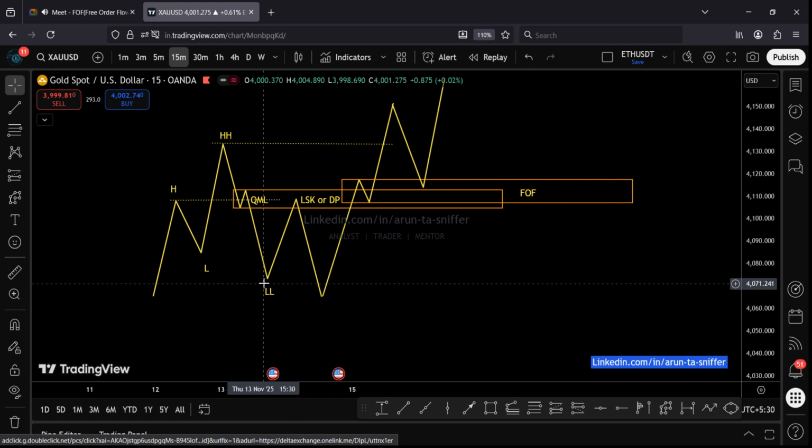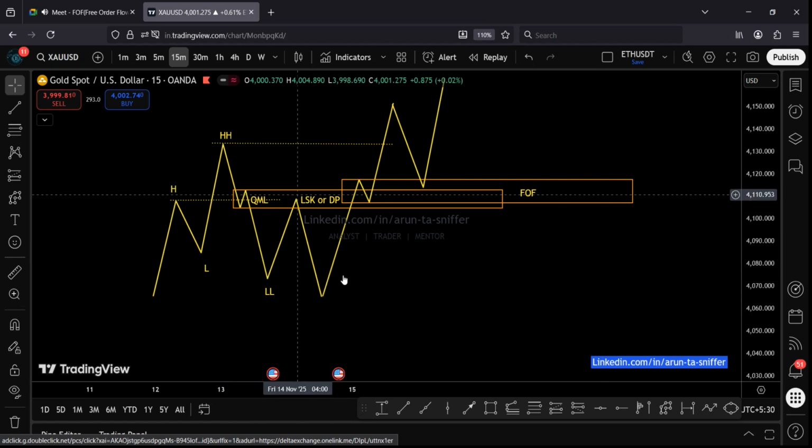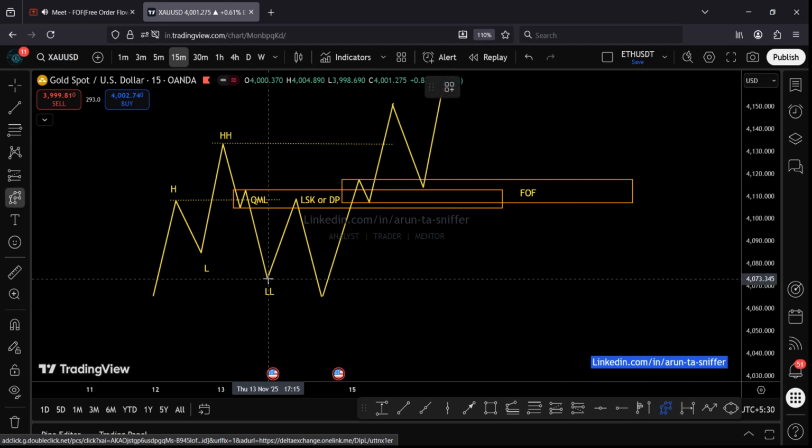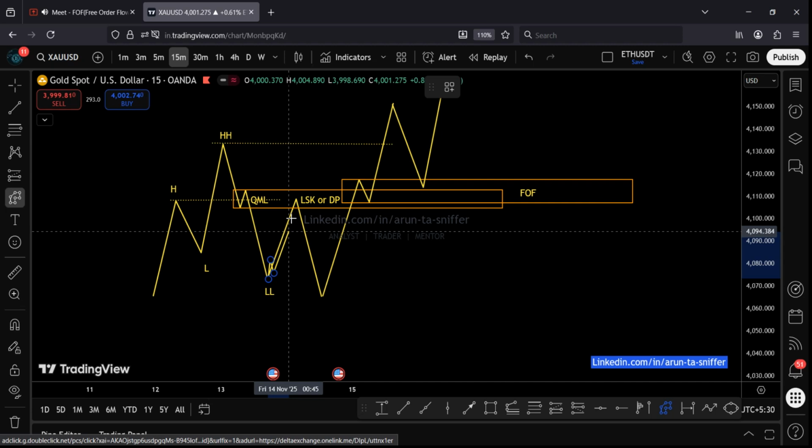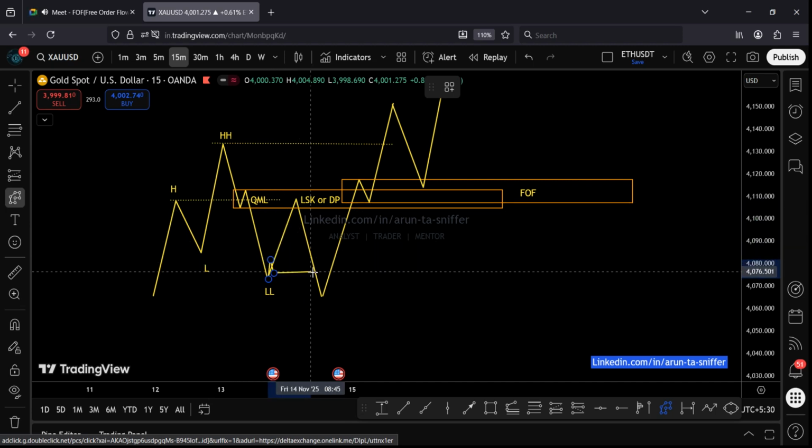When price comes down and goes up, what happens here? As we discussed yesterday, an OR level is created here, right? Price may go up like this directly. In this case, only OR will be created here.